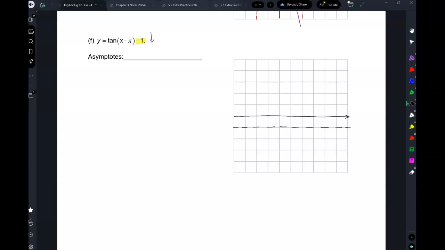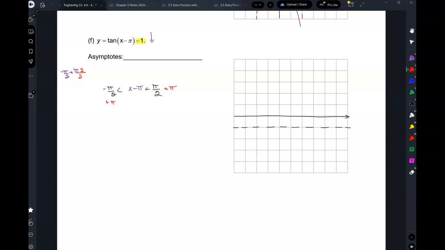Okay, now, limits are negative pi over 2 to pi over 2. X minus pi in the middle. So now I'm going to add pi. Add pi. So what do I have over here? I have negative pi over 2 plus pi. Right? I'm just doing that on my scratch paper.